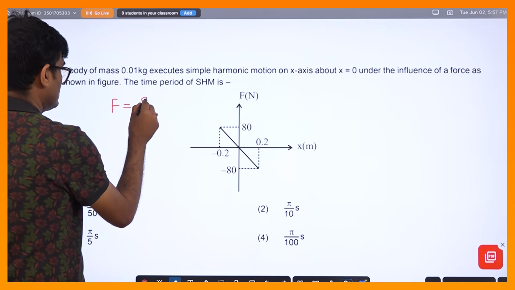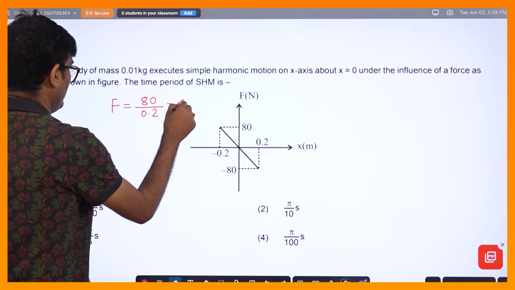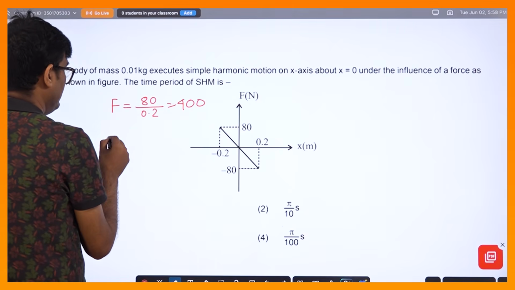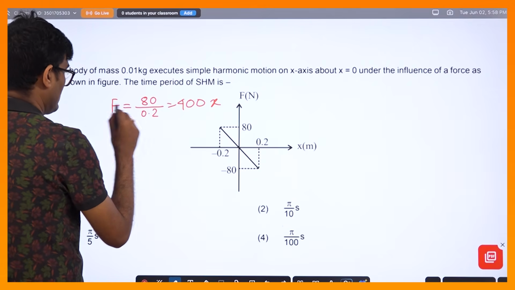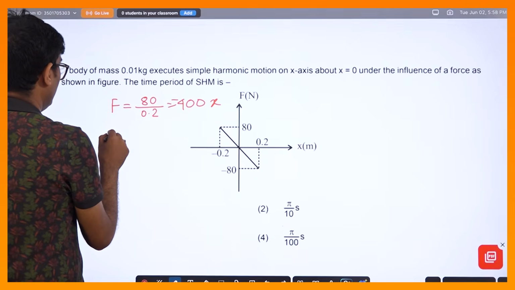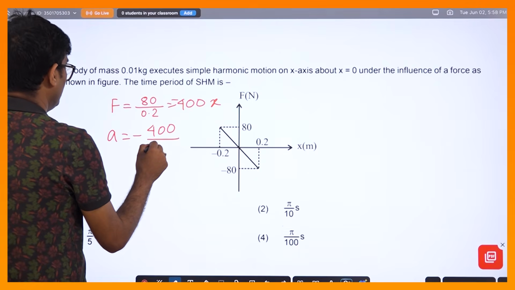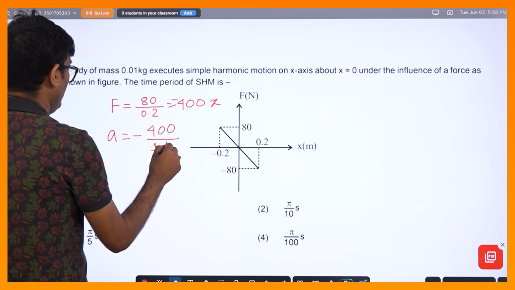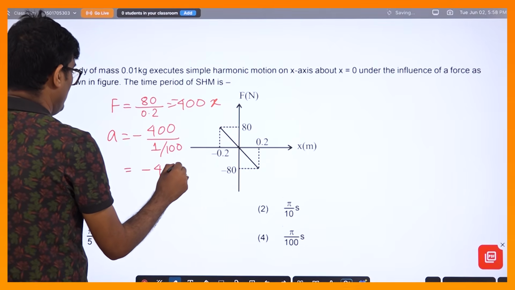So it is 80 by 0.2, which is 400, right? So F equal to minus kx, and the mass is 0.1. So acceleration equals minus 400 by 0.01, so it is minus 40,000 x.